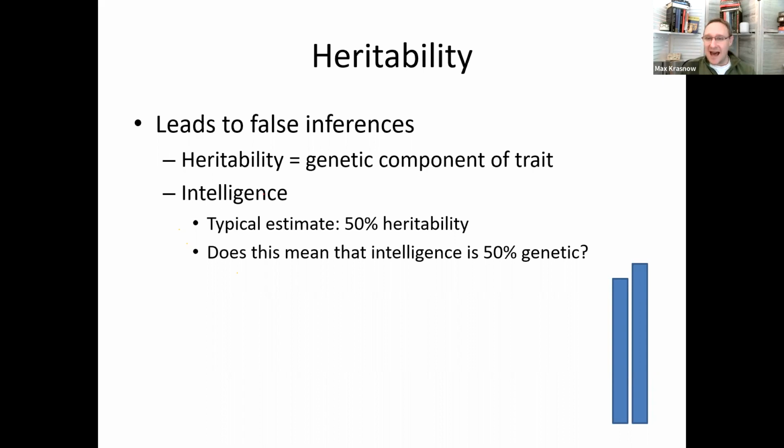When we're looking at heritability, all we're considering is the variation in the trait. That is, we're only looking at the portion of the trait that varies between people. We're not looking at the proportion of the trait that is common across people.